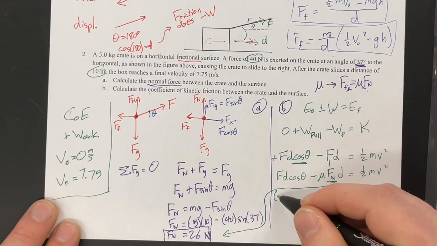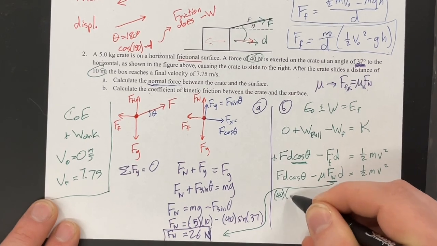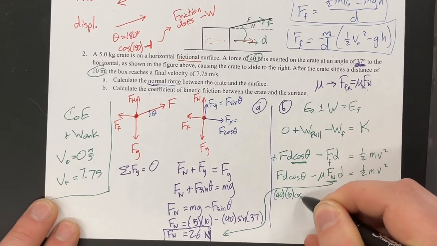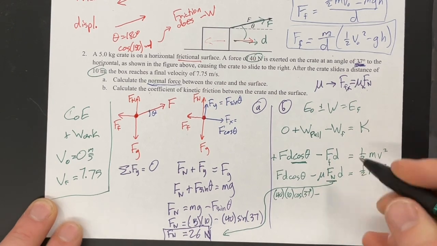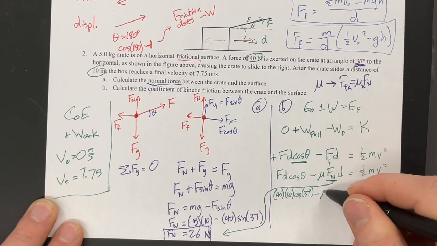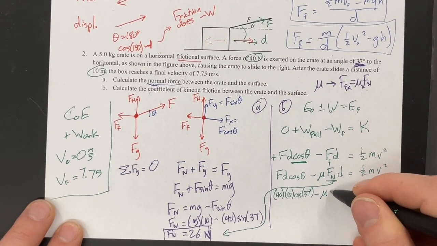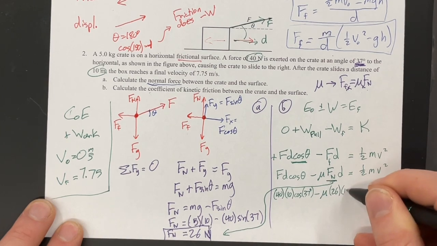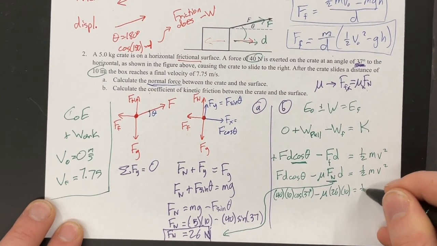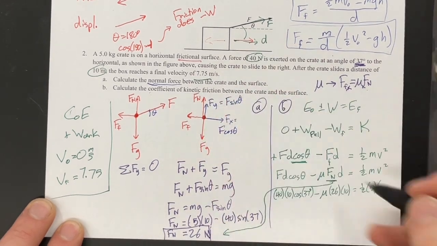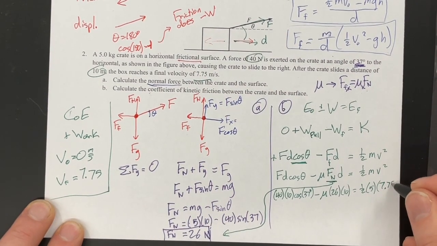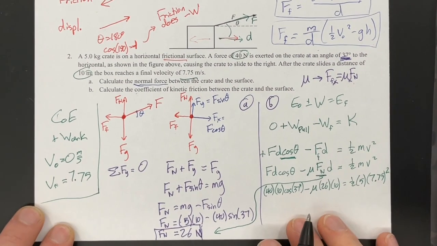All right, so we can plug in now. Force is 40, displacement is 10, cosine of 37 degrees, minus mu, which is what we're trying to solve for, times normal force 26, displacement 10, equals 1/2, mass 5, final velocity 7.75, which gets squared.